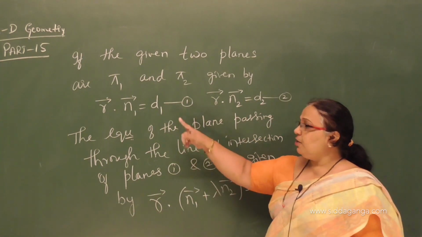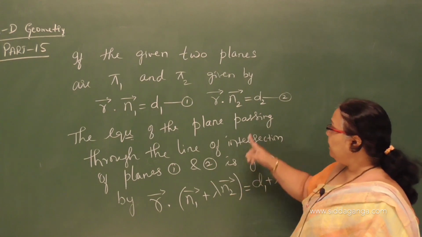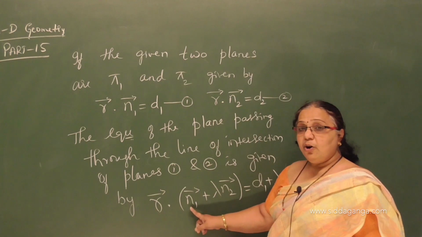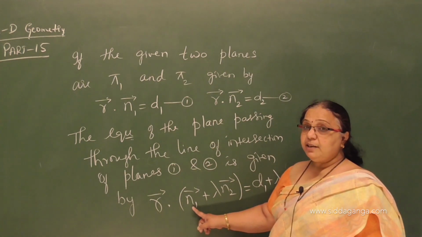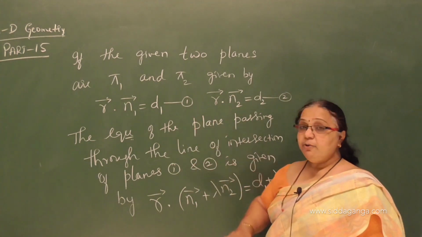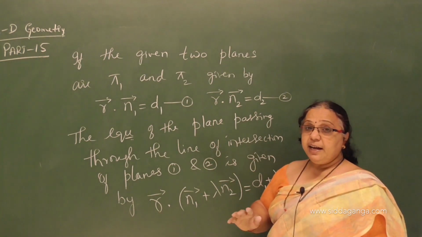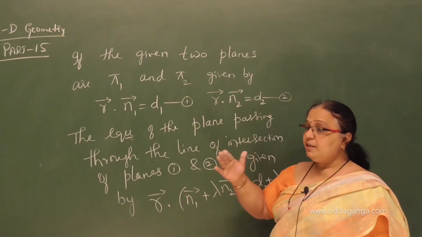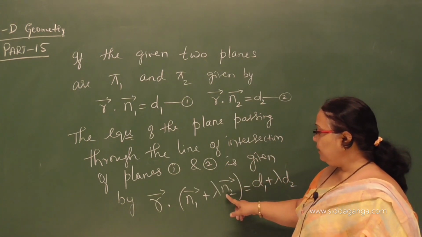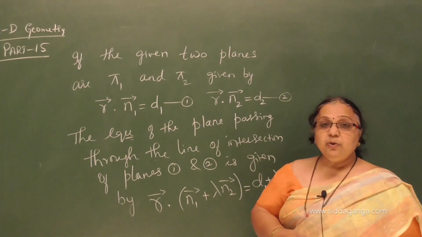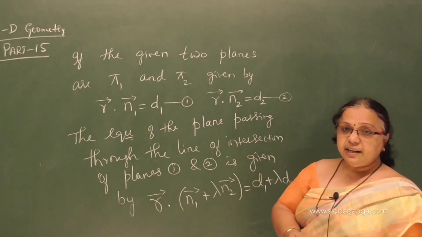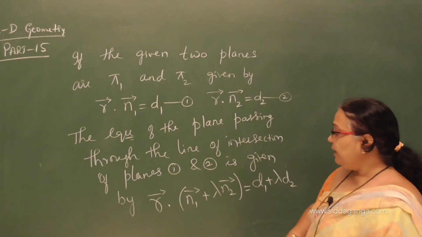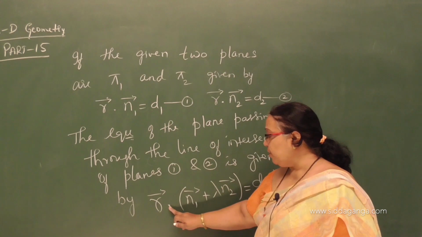The direction ratios of the normal vector drawn to plane 1 are taken as a1, b1, c1, and for the second plane's normal vector the direction ratios are taken as a2, b2, c2, and here we are having the dot product.